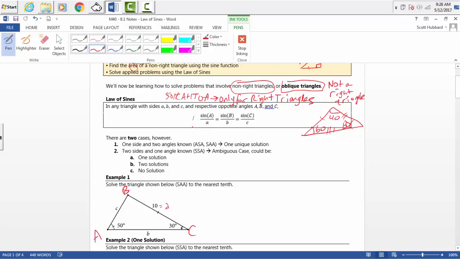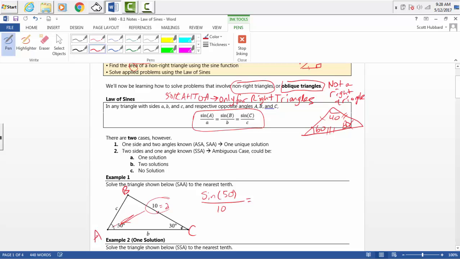What the law of sines says is this: sine of A, so sine of this angle, divided by that side. For this problem, it would be sine of 50 over 10. Notice that the angles go opposite with the side. So the angle big A goes with this side, little a. These are across from each other.